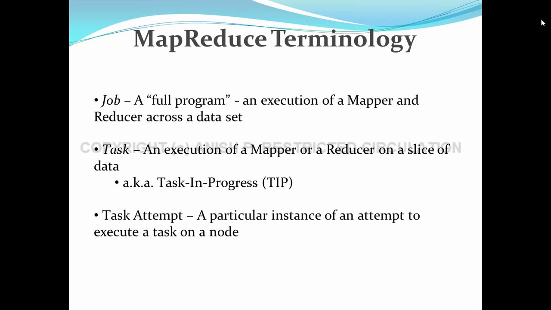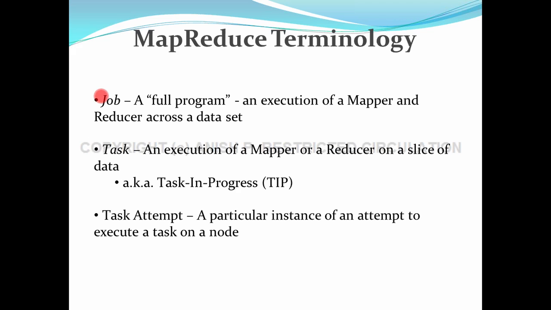Now a few basic terminologies. I'm repeating, it's almost a recap for all of you guys. What is a job? A job is a full program, that is, an execution of a mapper and reducer across a data set.